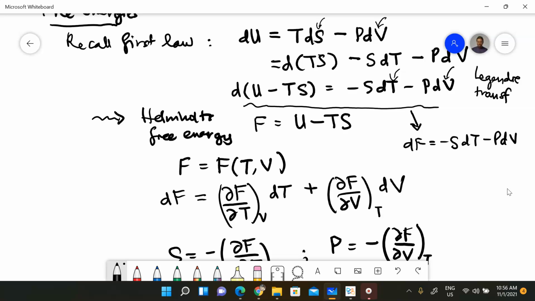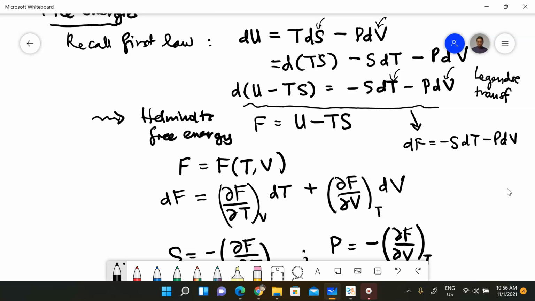Here we are changing the independent variables from entropy and volume to temperature with volume. It's called Legendre transform, and you change the state function from internal energy to what we call the Helmholtz free energy.